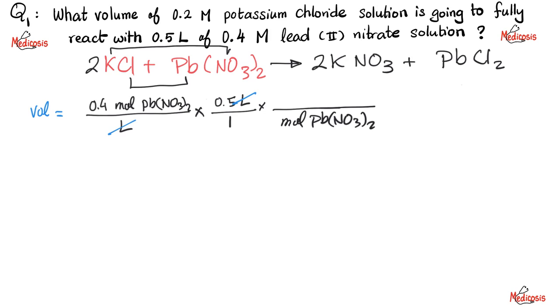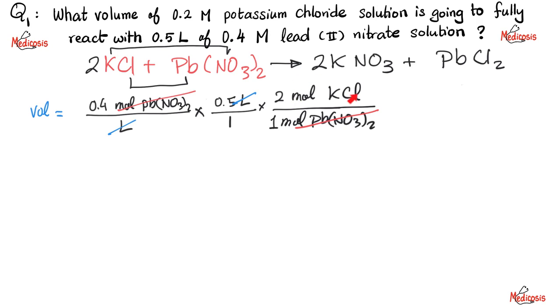And upstairs, what do you put? We're trying to do a mole ratio between the 2 reactants. You have 1 mole Pb(NO3)2, so you put a 1 right here, but you have 2 moles KCl, so you write this up here. Now if I cancel moles Pb(NO3)2 with moles Pb(NO3)2, my answer will be in moles of KCl.